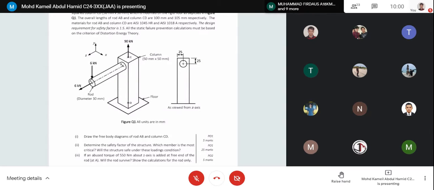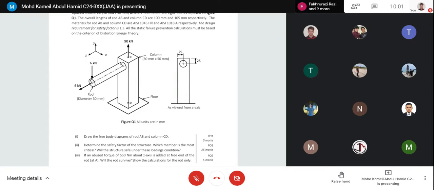Kemudian identify daripada FBD tu kita tahu forces dan moment dan loading dia. And then we are going to calculate maximum dan critical, locate critical point dia. The maximum loading tu nanti will become the critical location, and then the maximum value tu will be used to calculate the safety factor.